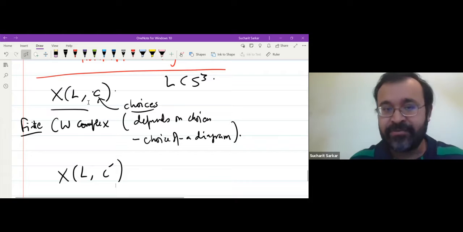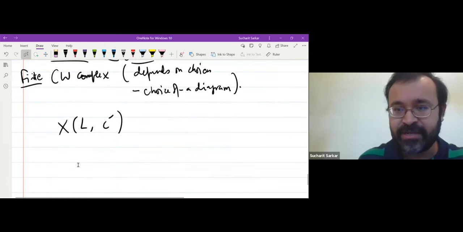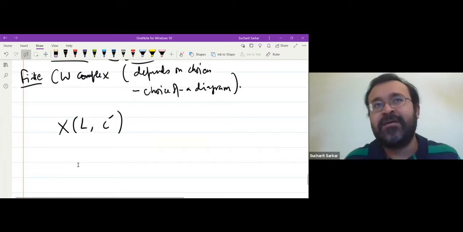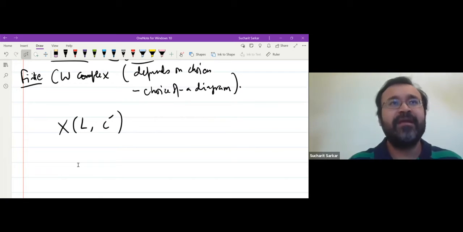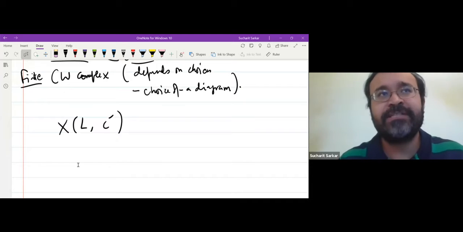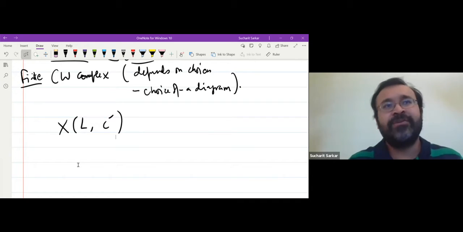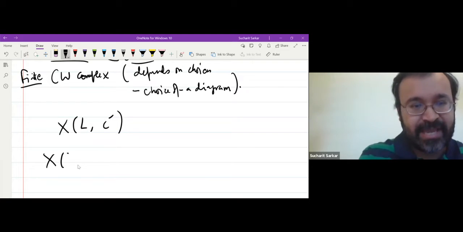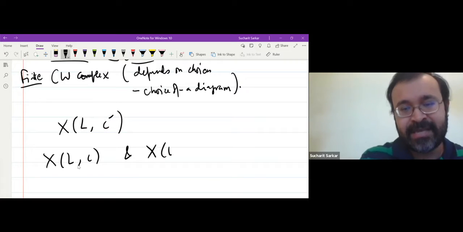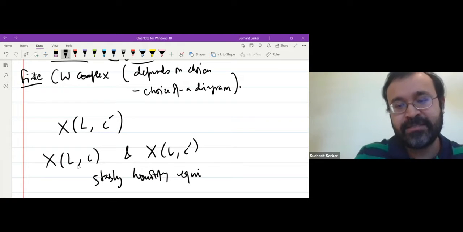So what do I mean it's an invariant? I want this space and that space to be the same. We cannot expect the CW complexes to be the same, but the one thing we can hope for is that they're homotopy equivalent. We don't get that, but we get that X_L(C) and X_L(C') are stably homotopy equivalent.